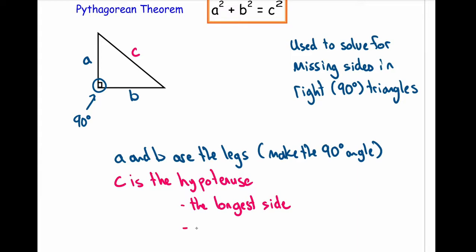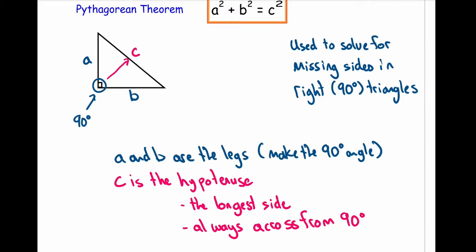And two, it's always across from 90 degrees. So if I see my 90-degree angle, that hypotenuse is always going to be the side across from it. So those are the three sides that I'm going to use in Pythagorean Theorem.